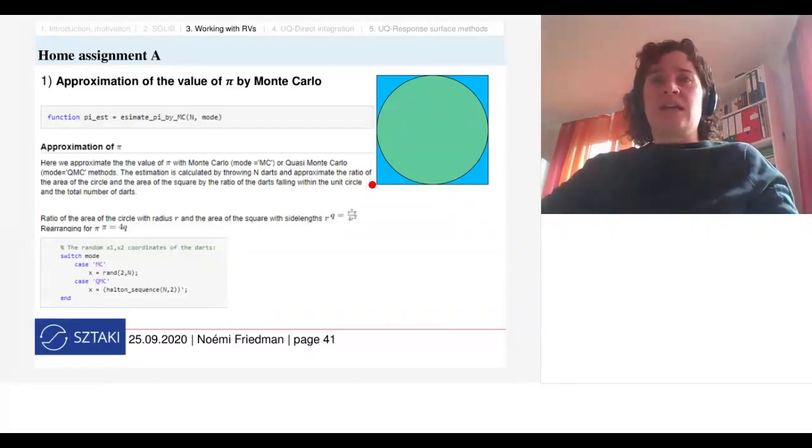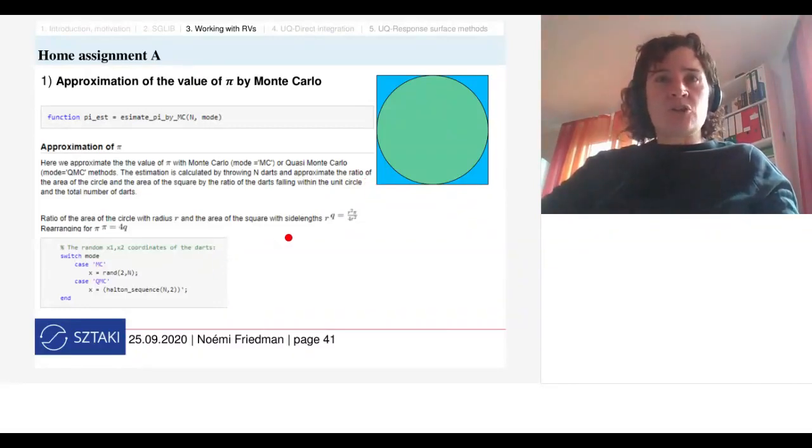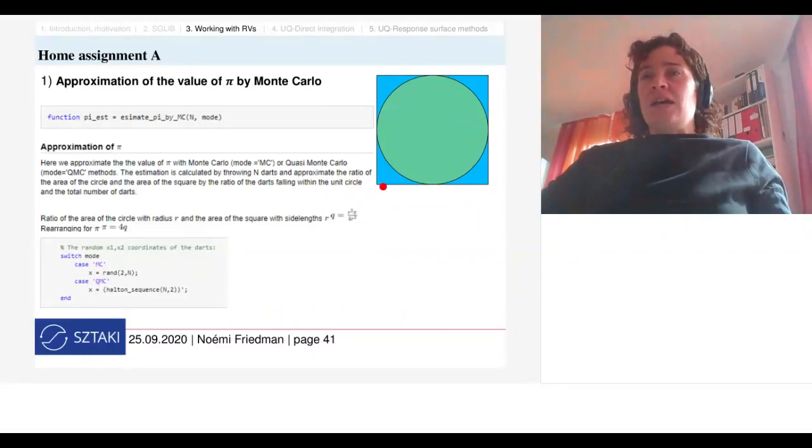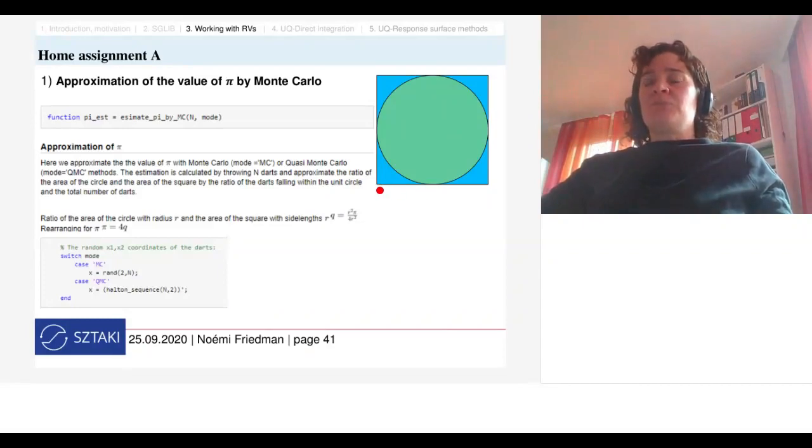And let's say they are, I don't remember in the example, maybe from 0 to 1 or -1 to 1, you have to check. And I have to see how many darts or samples landed inside the circle and how many darts I sampled in total.